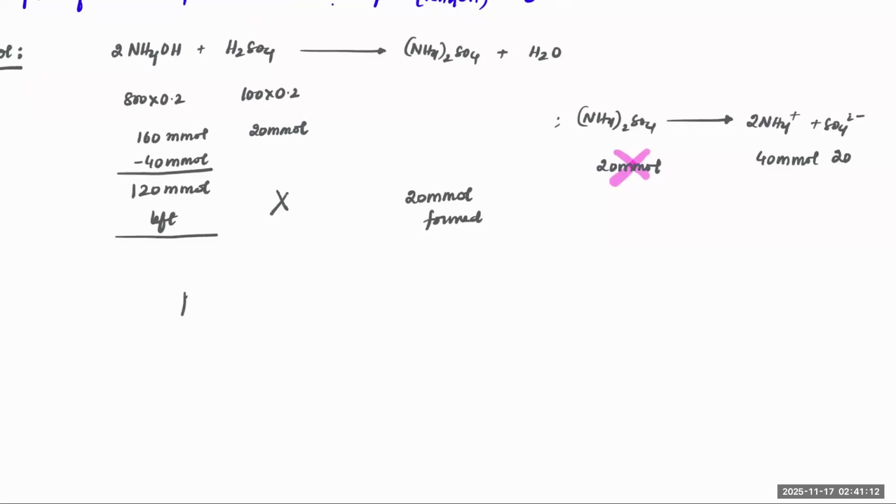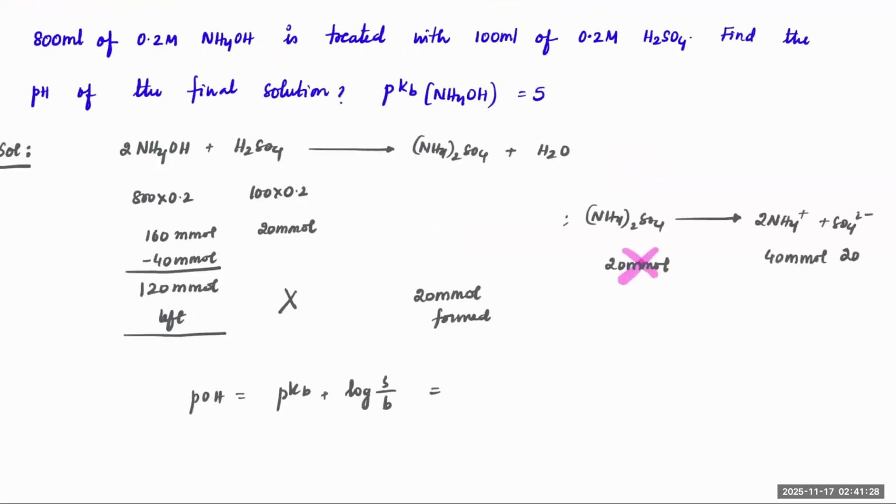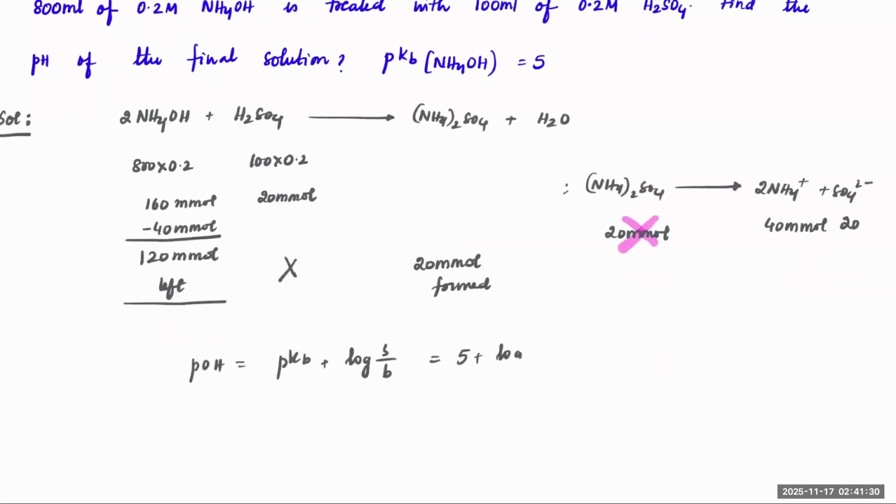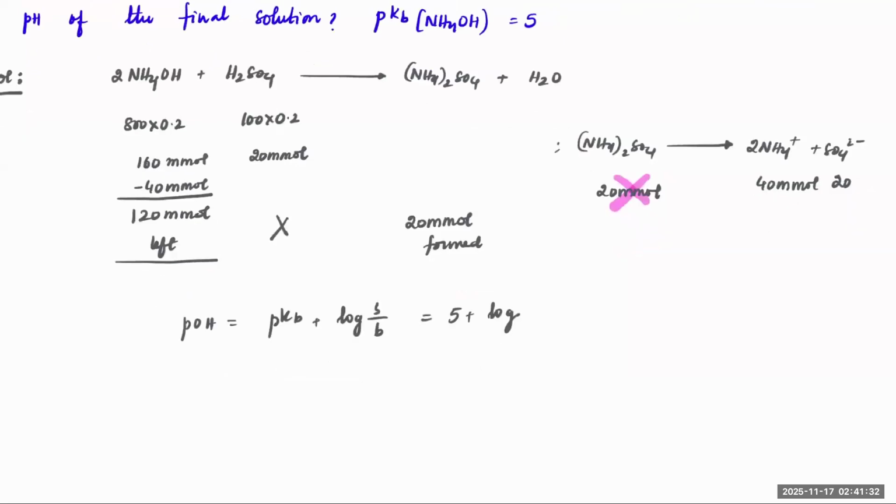And pOH will mainly have pKb plus log of salt by base concentration. So pKb here value is 5 plus log of salt.